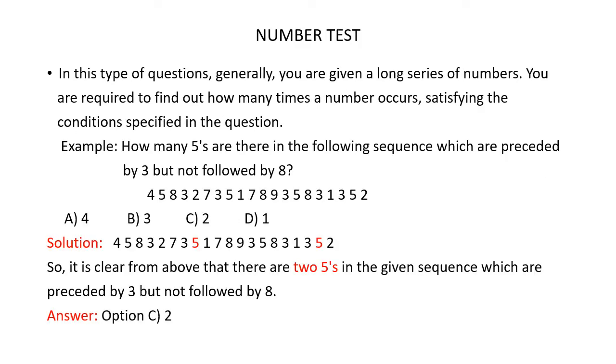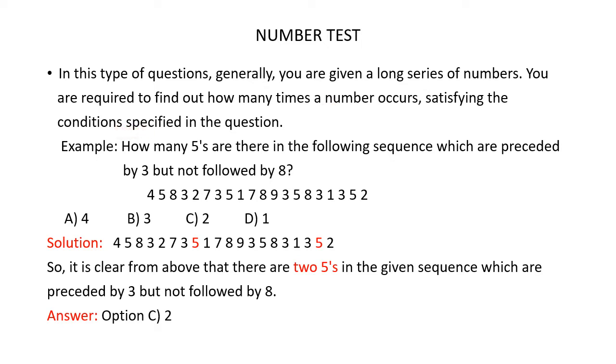Let's learn how to solve questions on the topic number test. In this type of questions, generally you are given a long series of numbers. You are required to find out how many times a number occurs, satisfying the conditions specified in the question.